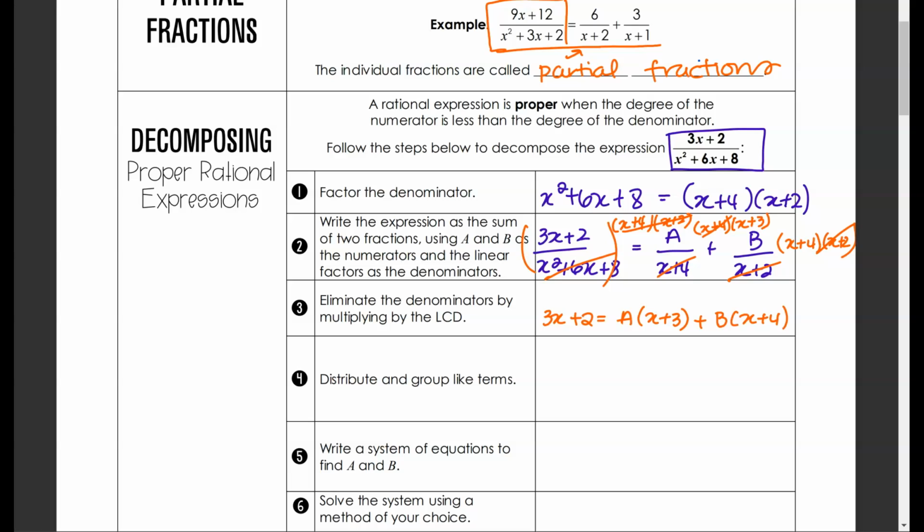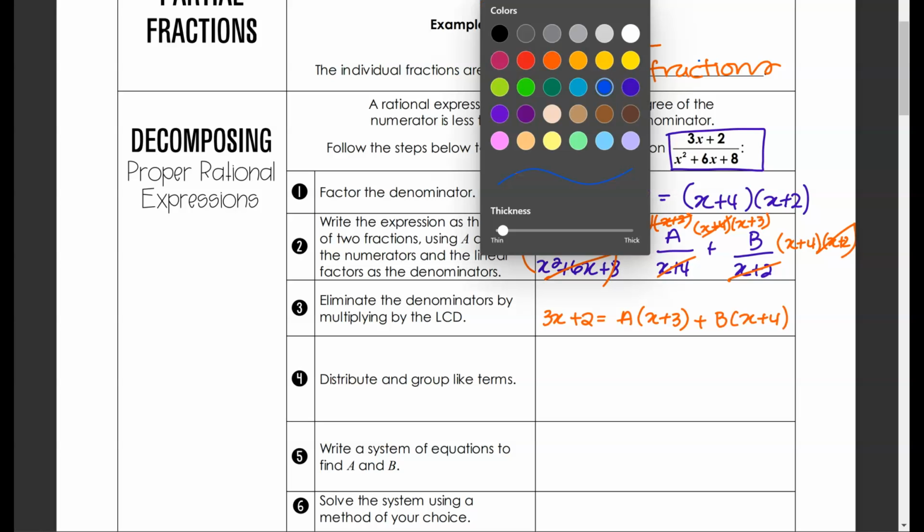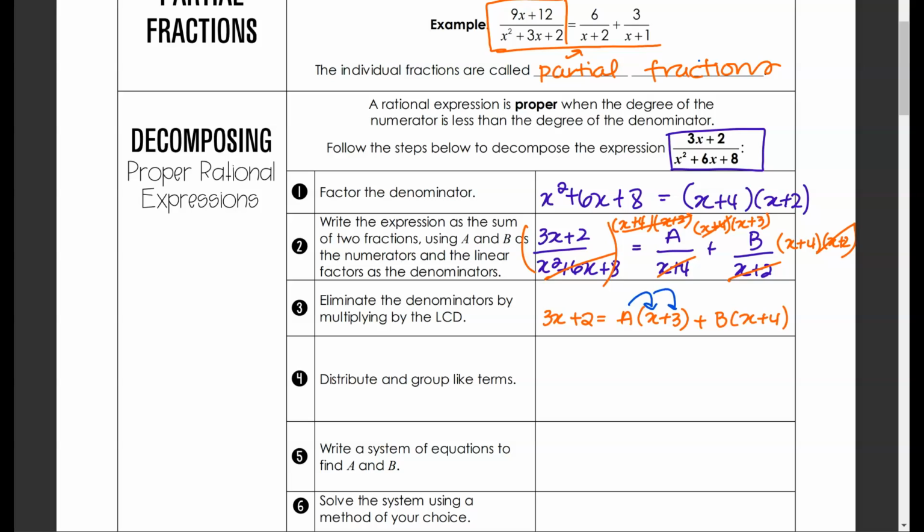Now this one says distribute and group like terms. So in this particular case, we are going to distribute out the A and the B. So I'm left with 3x plus 2 is equal to Ax plus 2A plus Bx plus 4B.